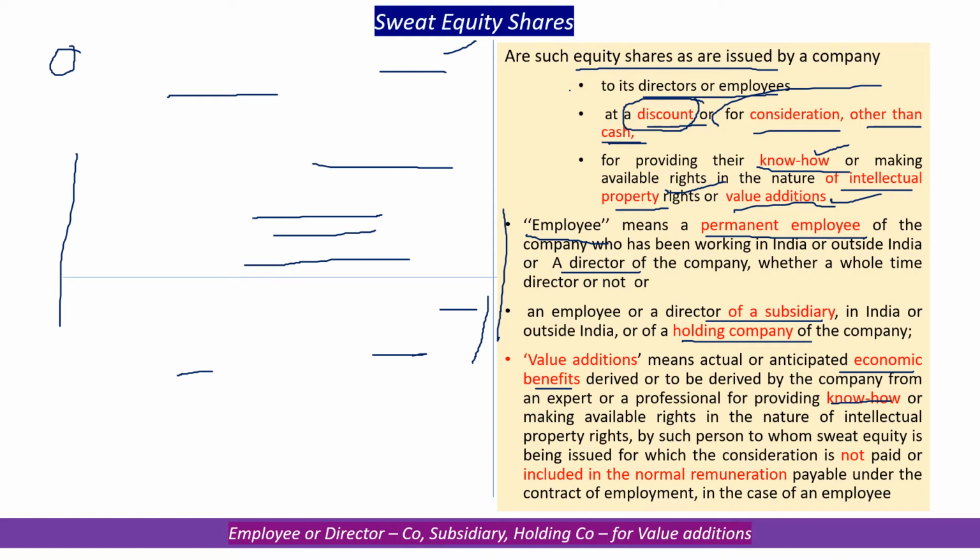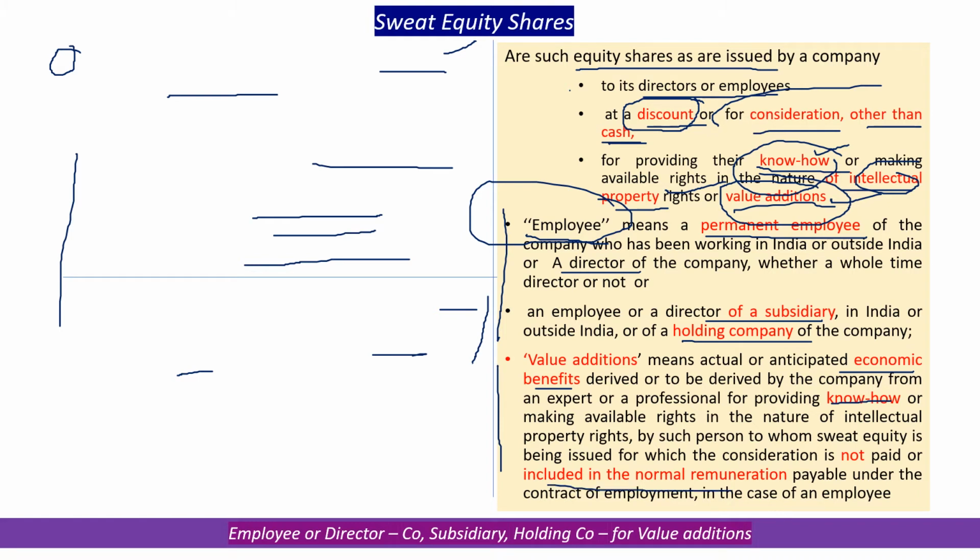And we have to see one thing. An employee is normally paid salary for what he does. But if he has done something which is different from what he is supposed to do in his employment, his salary doesn't cover that. If an employee provides technical know-how, if an employee provides IPR, or if an employee provides value addition besides his normal job, it is not covered by his regular remuneration.